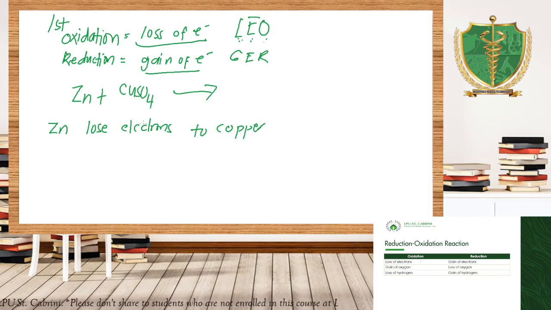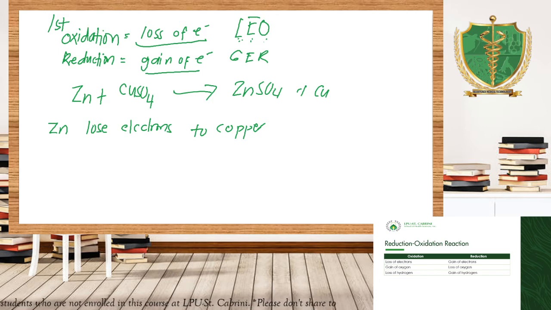This is an example of a single replacement reaction wherein we have zinc sulfate plus copper. That is the reaction. Zinc will lose electrons to copper so that copper will stand alone. Hindi na kailangan ng another electrons from the sulfate ion because the two electrons will be coming from zinc.